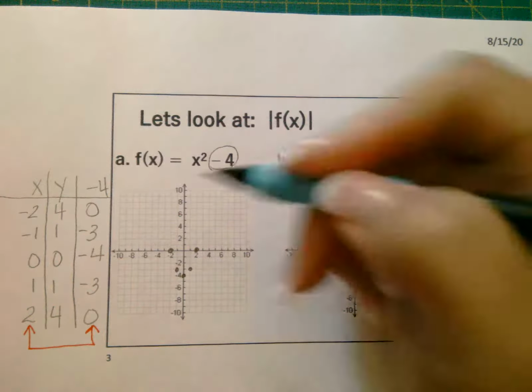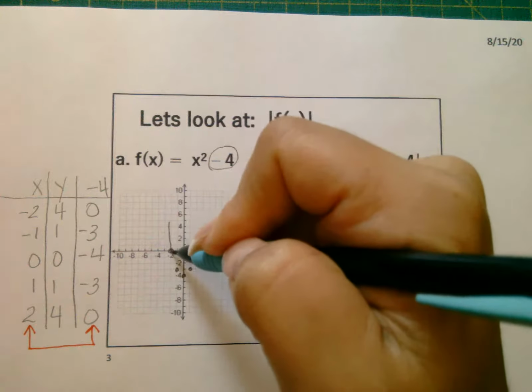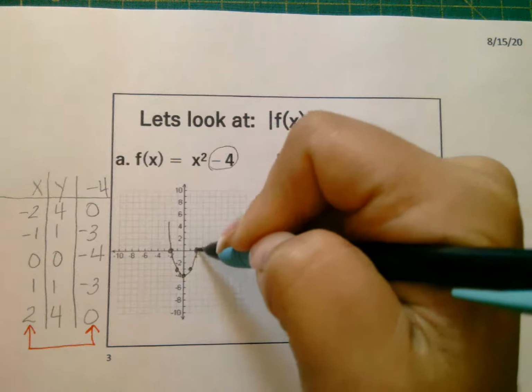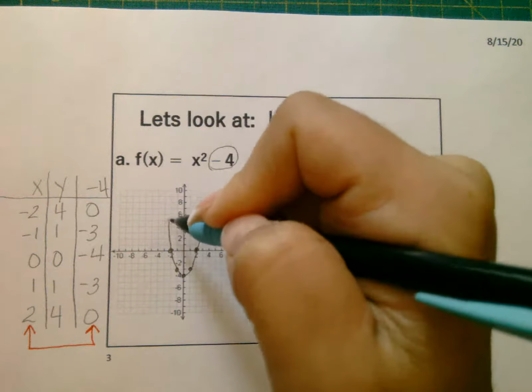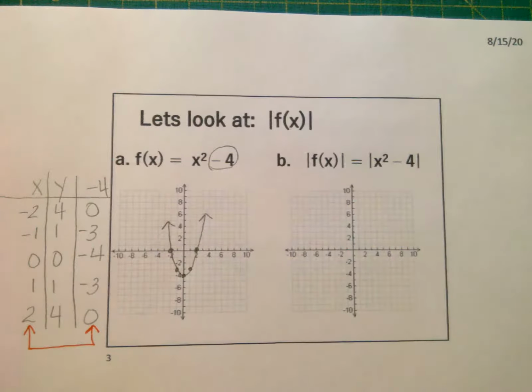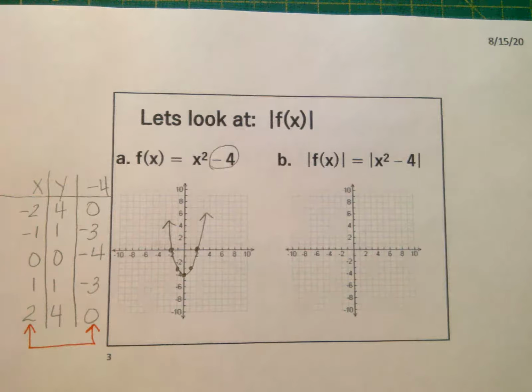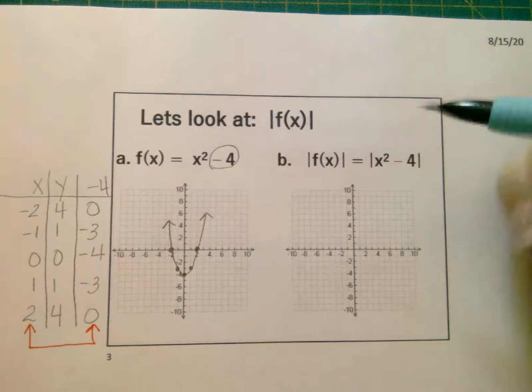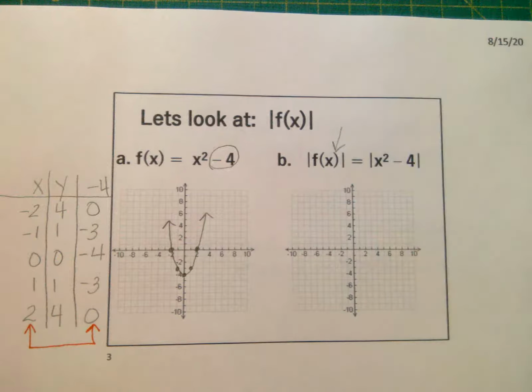So this is a parabola. All right, so that is my original graph. That's what I'm going to now use to take the absolute value of the entire function.